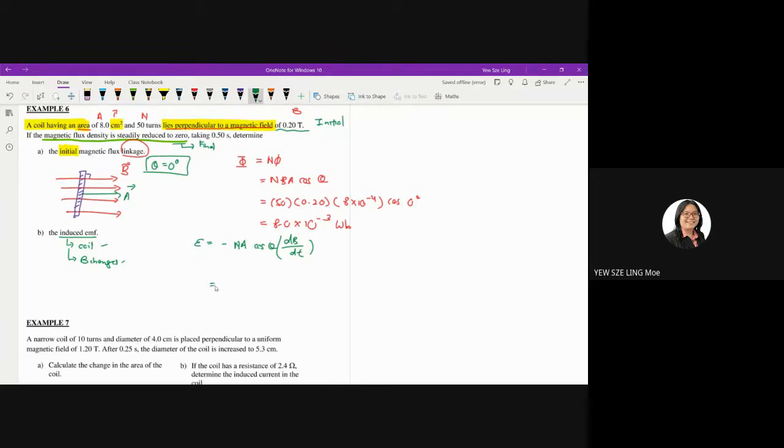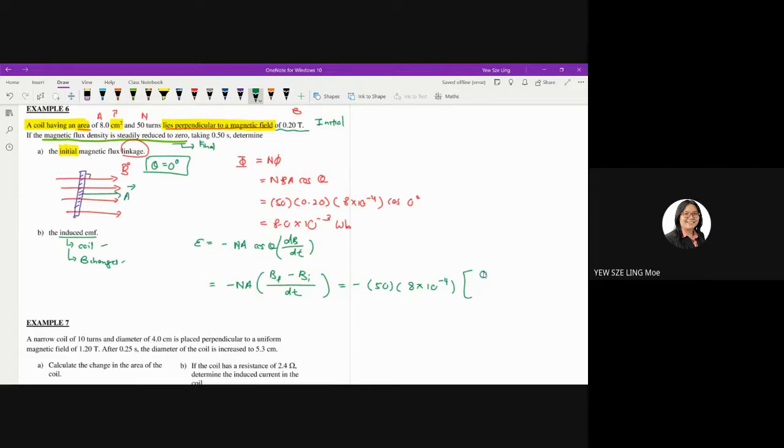So it then equals negative N A times B final minus B initial divided by dt, right? Which then equals negative 50 times 8 times 10 to the power of negative 4, times B final, well, final, it tells you reduces to 0.